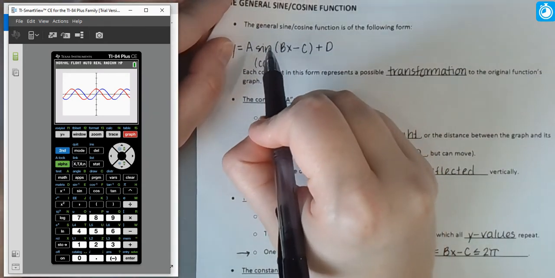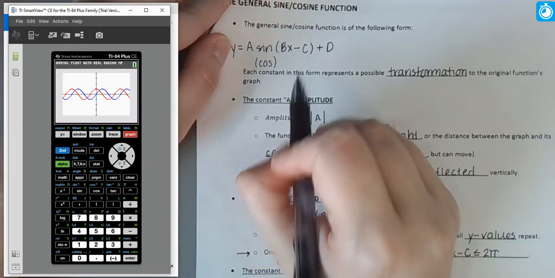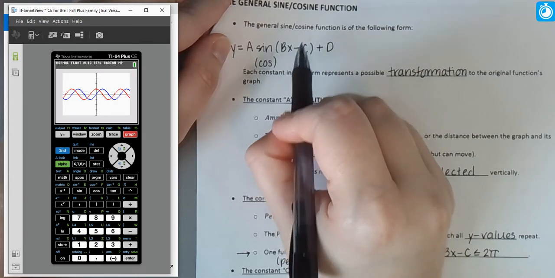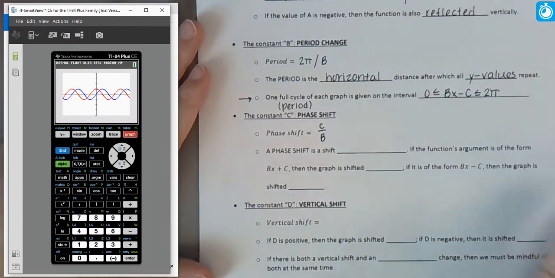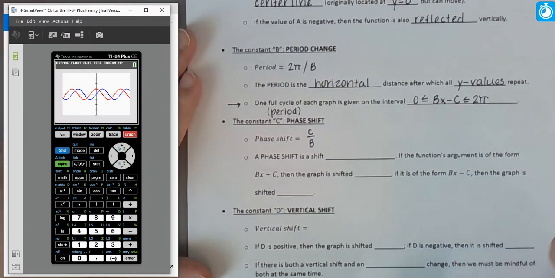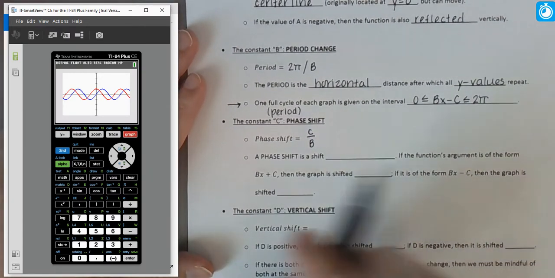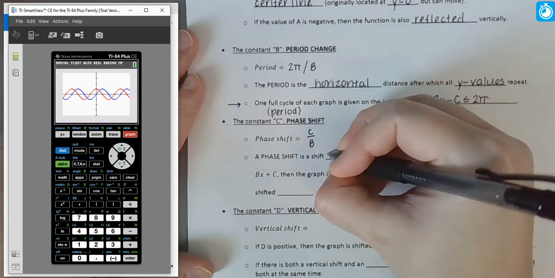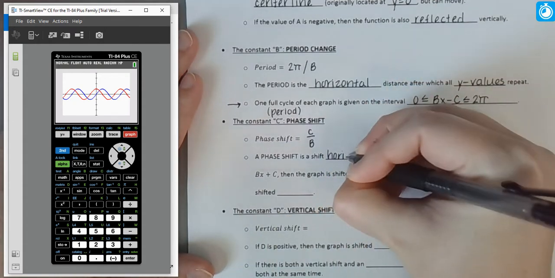In other words, technically speaking, we would want to factor out b before we do anything and divide it out from c. Whatever that constant is represents how far we're shifting our graph. Are we shifting it left? Are we shifting it right? So a phase shift is a shift horizontally.